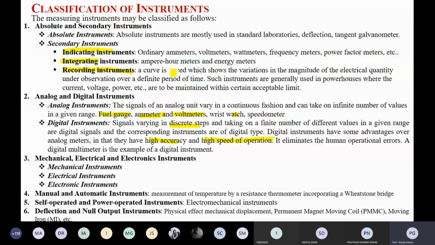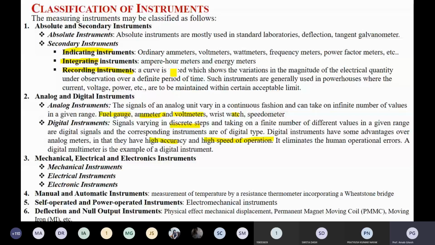Okay, so if the result of the comparison is zero or null, you can say it is a null operated instrument. If it is not coming null, that means there is some bias value, positive or negative. It is not the null operated system; it has some greater value than the standard, or sometimes it is negative, so it has a lesser value than the standard.